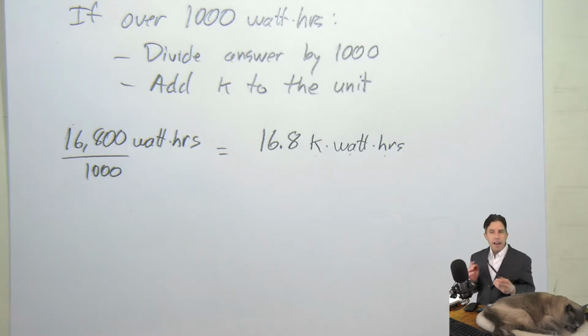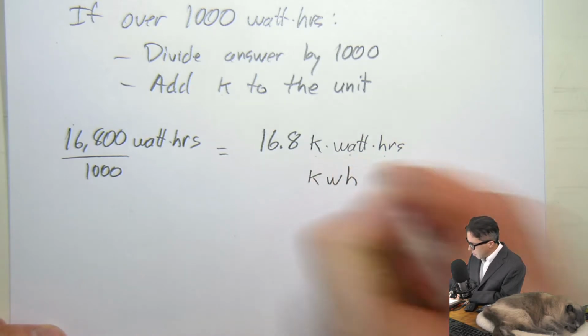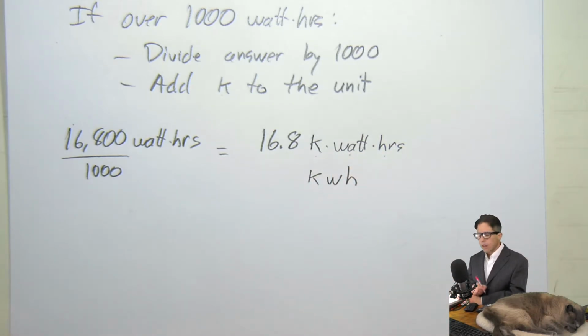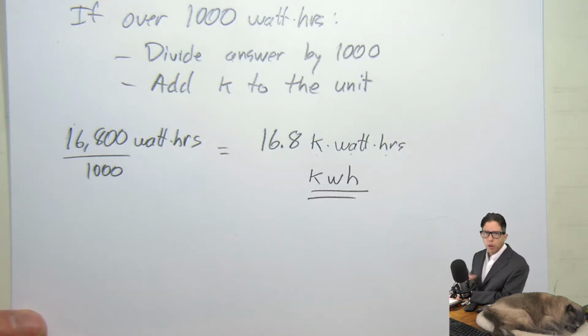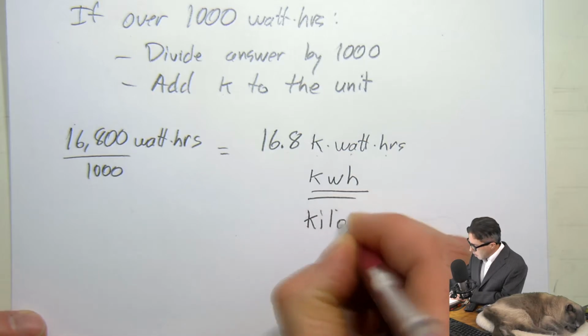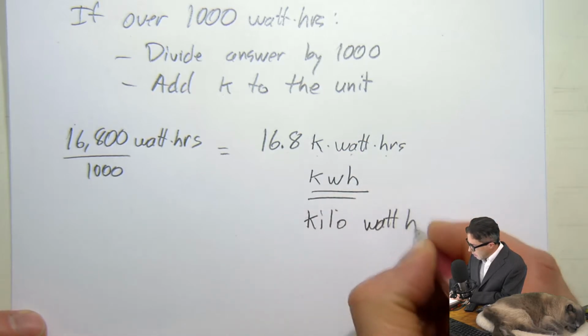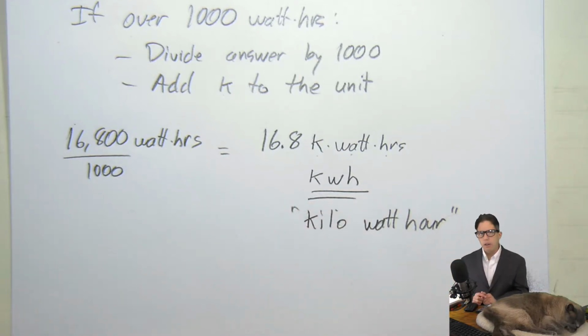But people got tired of writing all that out, so there's an abbreviation for kilowatt hours. It's called kWh. And when we talk about a kWh, we say verbally it is a kilowatt hour. That's how we say it, a kilowatt hour.